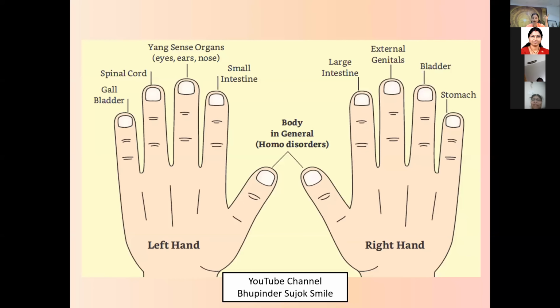Eyes can see far, we don't need to touch. Ears, we can hear music without touching, and nose, we can smell without touching. So that is why we have to understand why this is yang or hetero, because there is no touching phenomenon here. That is why these 3 sense organs come in the yang category.